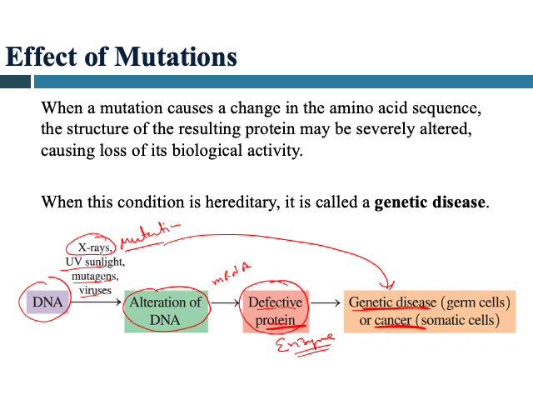The protein formed through a mutated DNA may lose its biological activity. If the protein enzymes are not active, you're not carrying out the reaction that is important for the body, and because of this you might have some disease.